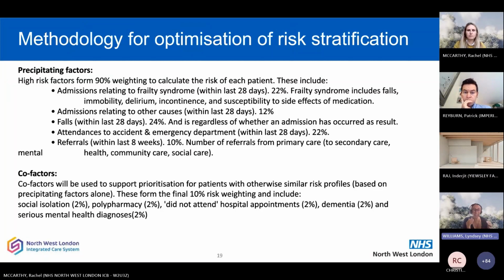And then the dashboard allows you to cipher off these cofactors and these precipitating factors. If there is something really specific that you would like to focus on in the borough, or you've got something going on in the borough, this is how you can really start to see, right, who is it? Who are these people? How many have we got of these people?